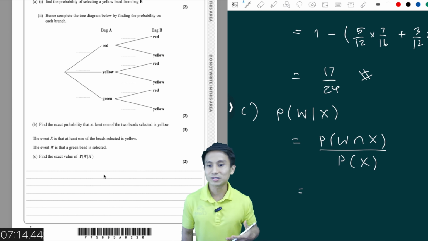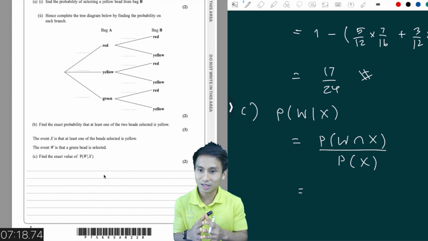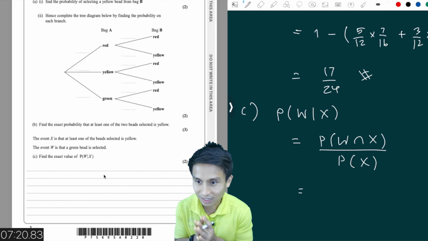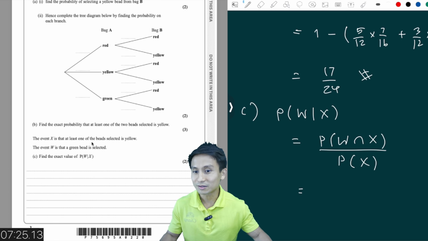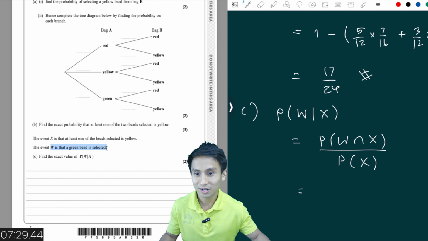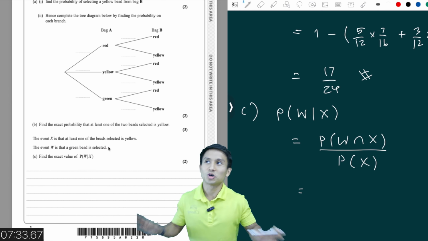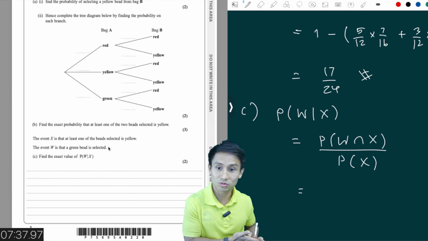Well, P of W intersect X basically says we intersect both probabilities. So it has to be at least one yellow and a green bead is selected. So to make this make sense, you must have one green and one yellow, right?